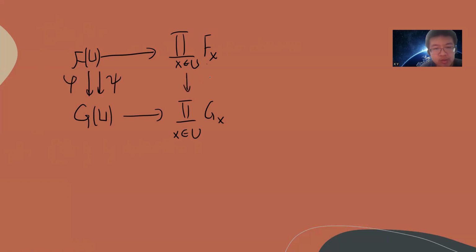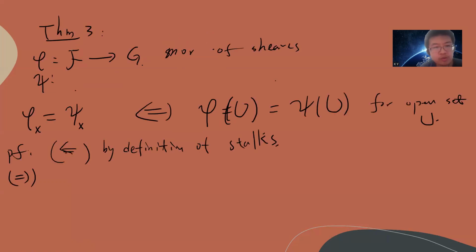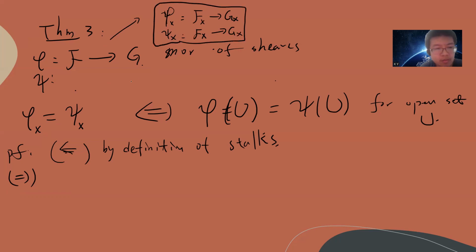If there are sheaf morphisms, then they will induce maps between the stalks, for all x.